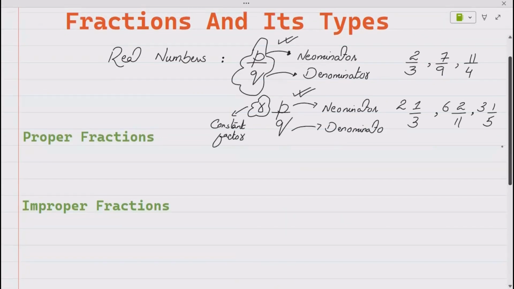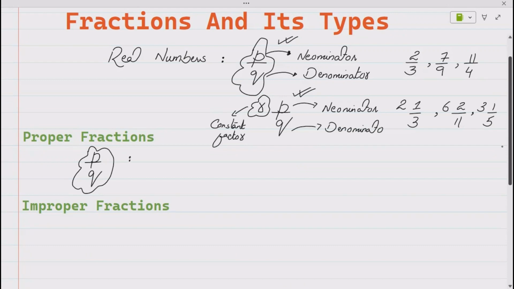So you see the first one, in which we write fractions as P upon Q. Proper fractions are those which can be written like this division, the upper one and the lower one, numerator and denominator. So any fraction which is written like this, with two numbers, one numerator and one denominator, we call a proper fraction.